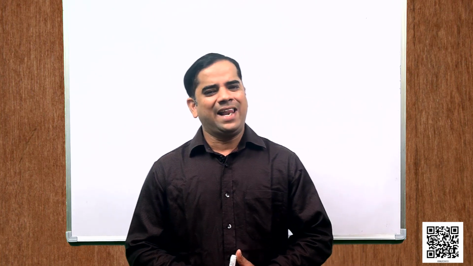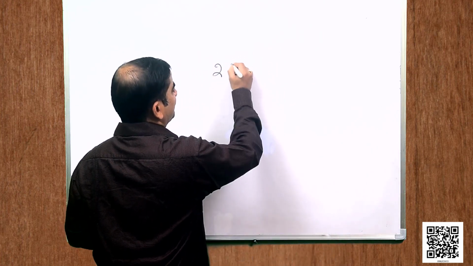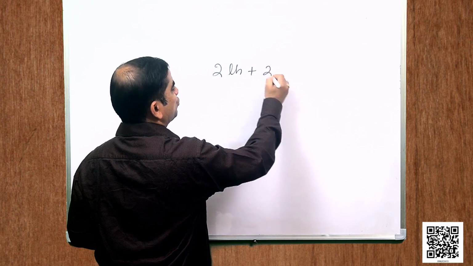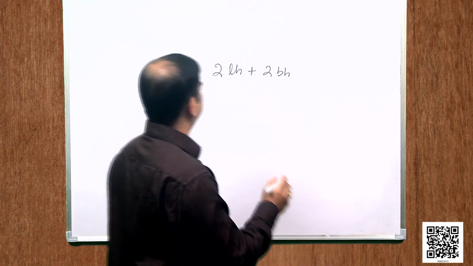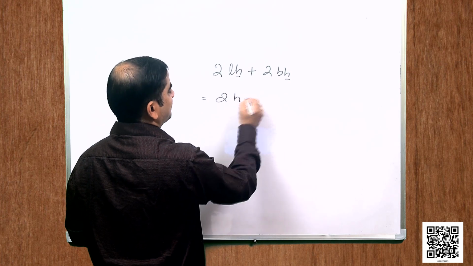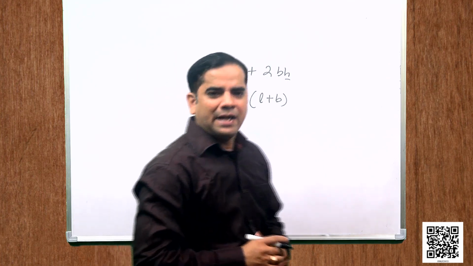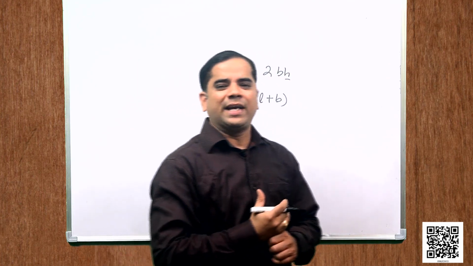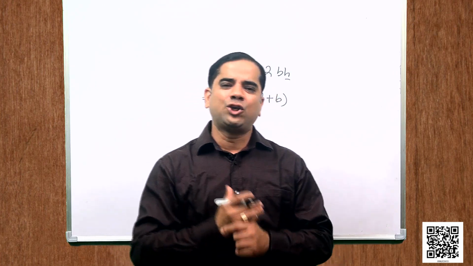So, lateral surface area of a cuboid of length L, breadth B and height H is equal to 2 LH plus 2 BH, that is, when I take H as common, 2H into L plus B. So, by following this formula, we can find out the lateral surface area of a cuboid.